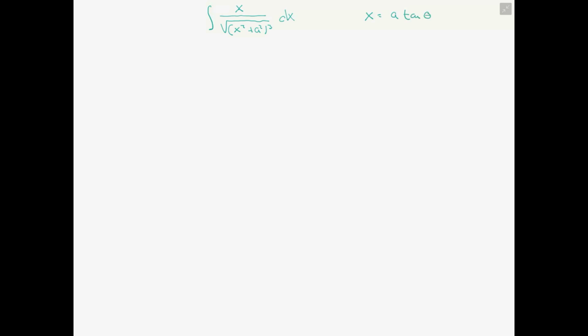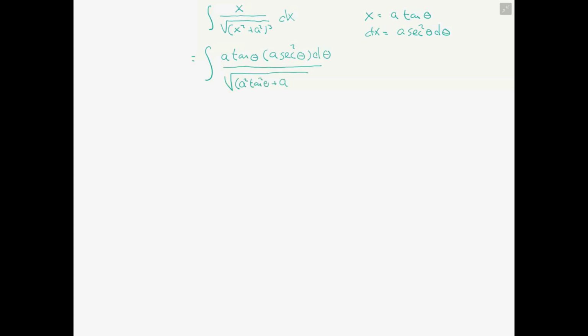So let's see, we've got a tangent theta times a secant squared theta d theta, and that's on top of, let's see, a squared tangent squared theta plus a squared, to the third. But we know that 1 plus tangent squared theta equals secant squared theta.